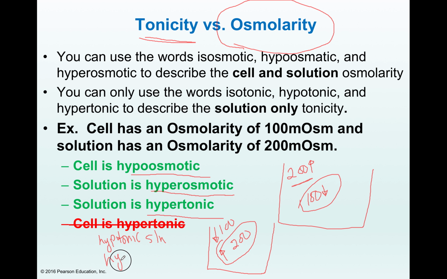I can say the solution is a hypoosmotic solution. And I can also say that your cell is a hyperosmotic cell. And notice I'm not saying hypertonic cell. We're just limiting it to the concept of osmolarity.